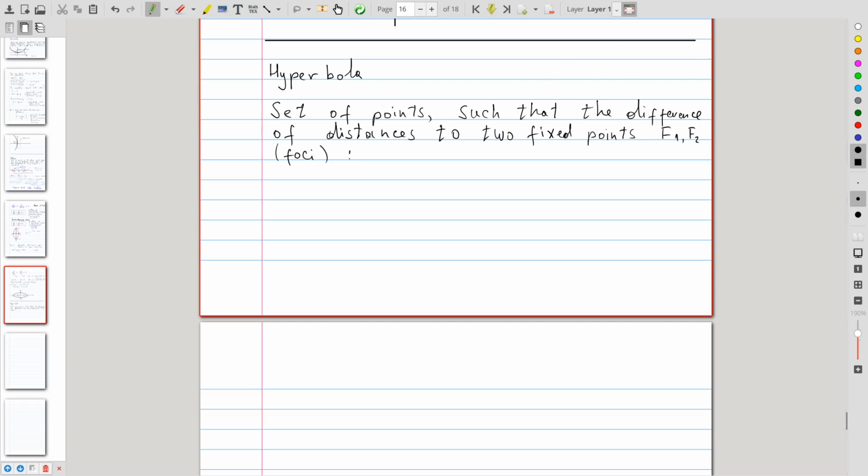So any point of the hyperbola satisfies that the difference of distances from this point to two fixed points F1 and F2 is constant.